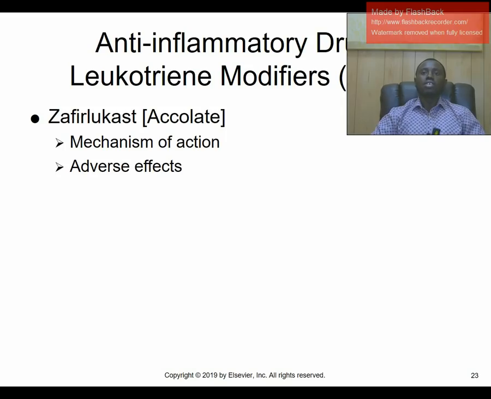We have just realized that both Accolade and Zyflo are going to increase the levels of theophylline and warfarin. However, Zyflo also increases the level of propranolol. So be mindful of that.